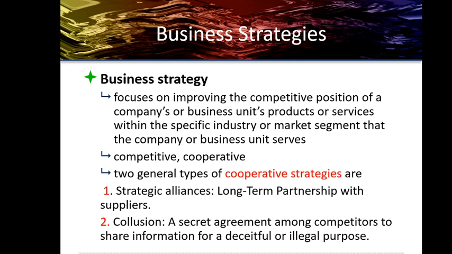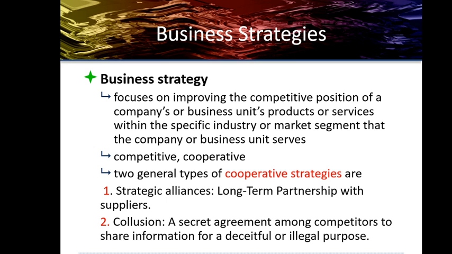A group of companies can have a secret agreement that they are going to exchange information in order to have a strategy in a way that both of them will attain profit, profitability growth, and sustainable competitive advantage.